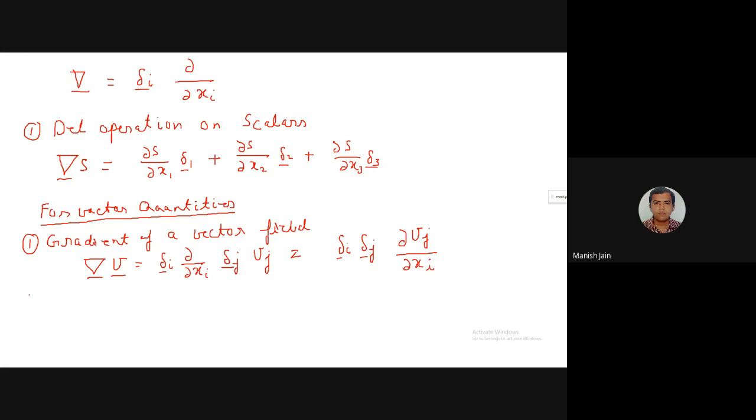Now second is the divergence of a vector field. It is a dot product between the del operator and a vector quantity.